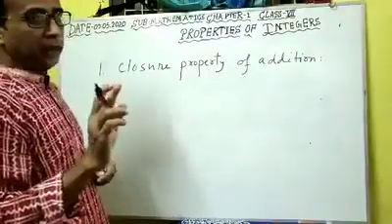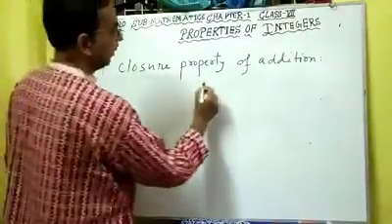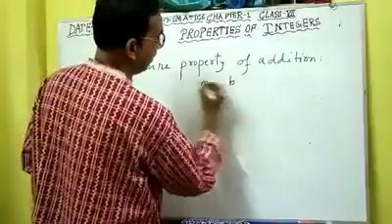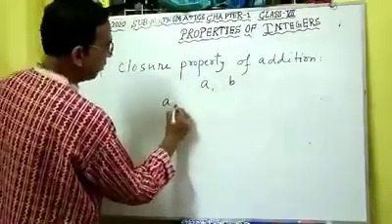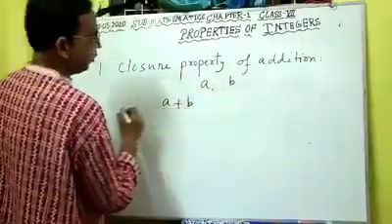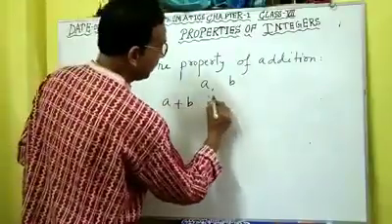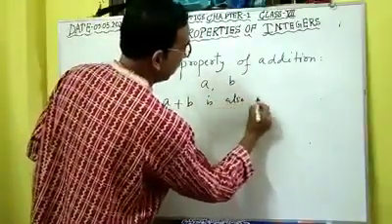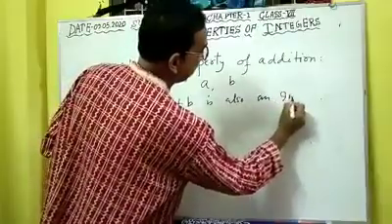For any two integers a and b, the sum of two integers is also an integer.